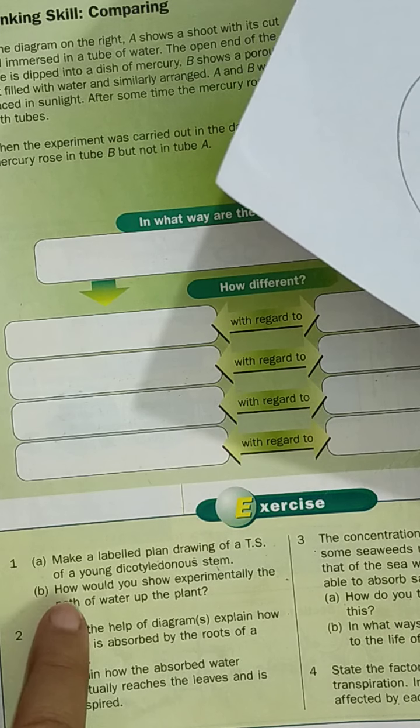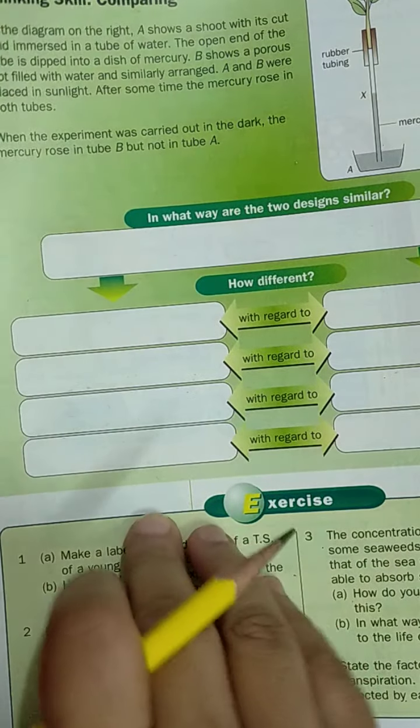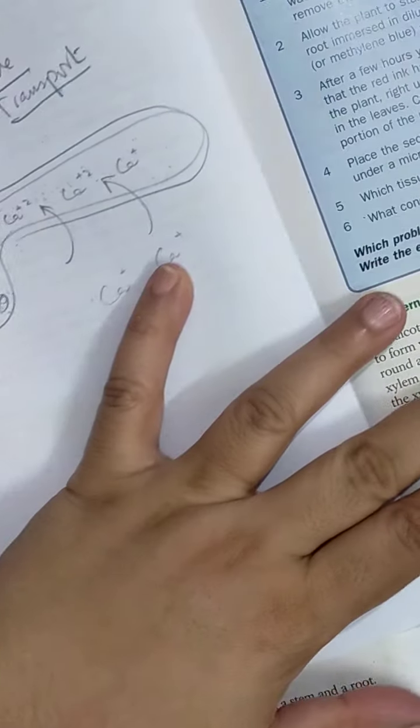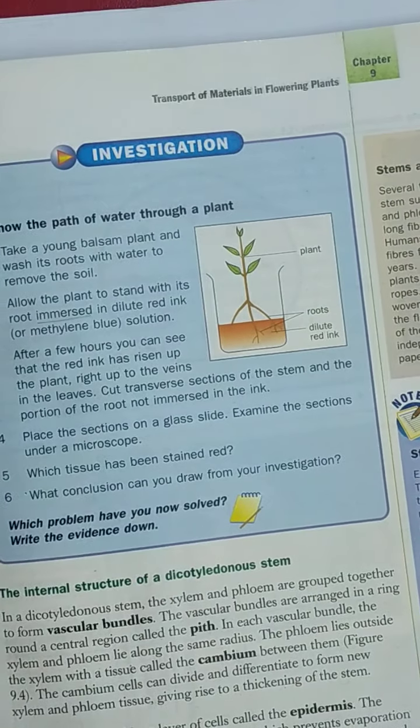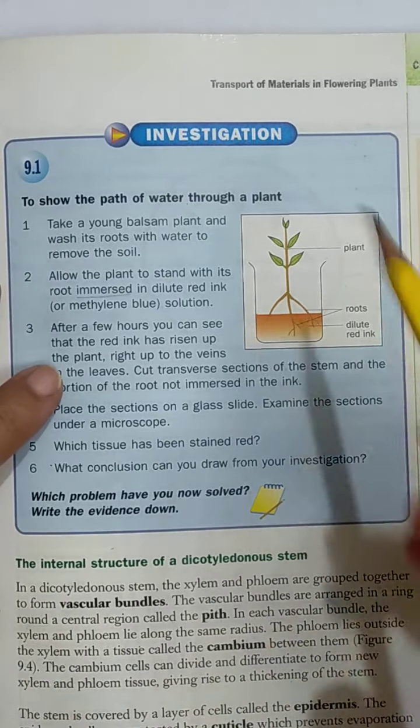The second part of this question is: how would you show experimentally the path of water up the plant. For this we can do an experiment. I am going to explain it here on page number 147, where an investigation is given.